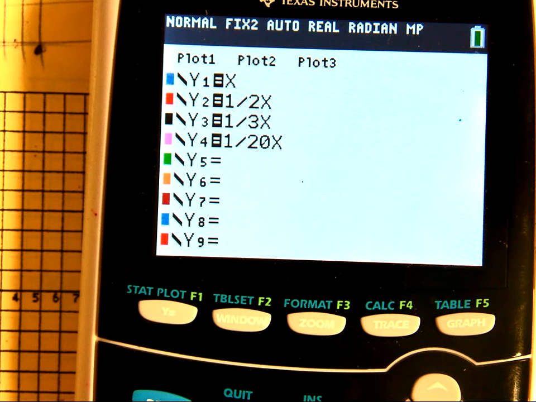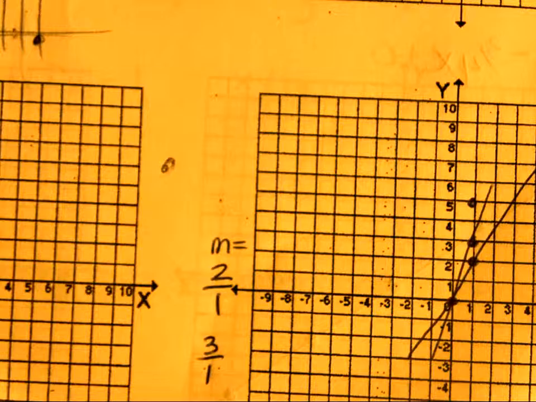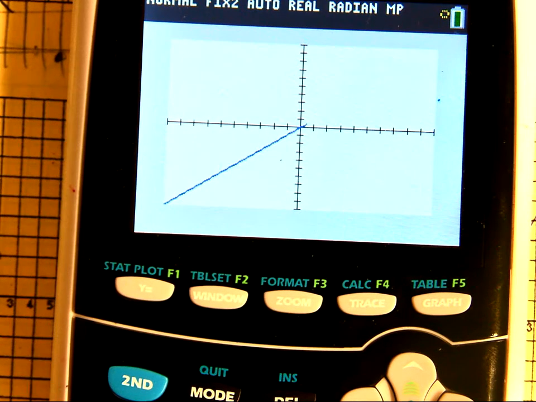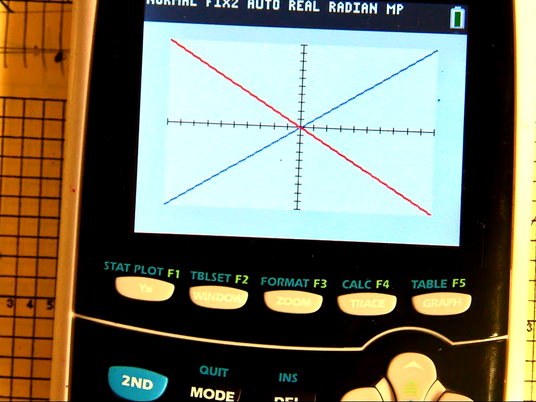Okay, so now try to get this. That's my y equals x. And some of you thought about it earlier when I asked you to do the left steep. This is what you would do now. Okay, show me your screen.